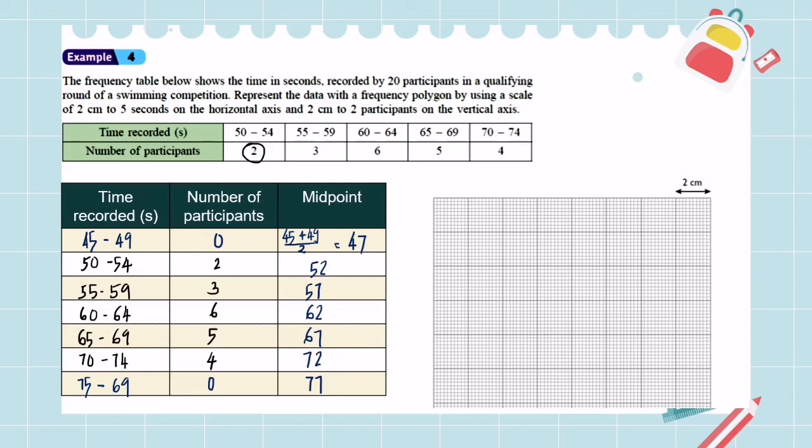When we draw the frequency polygon, we follow the scale. Okay, so here we draw the vertical axis and horizontal axis. We write the title of this graph, time recorded of participants.